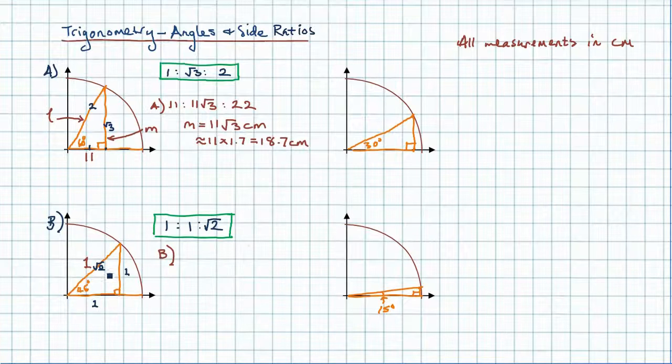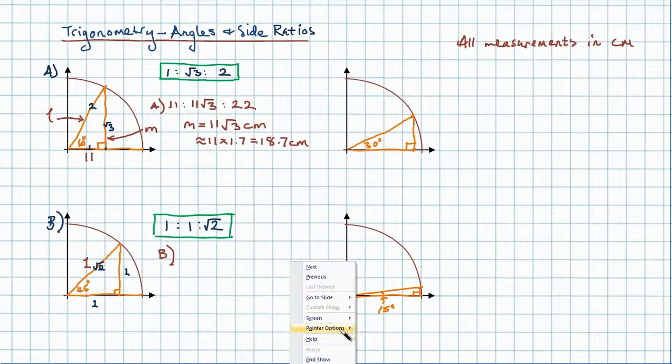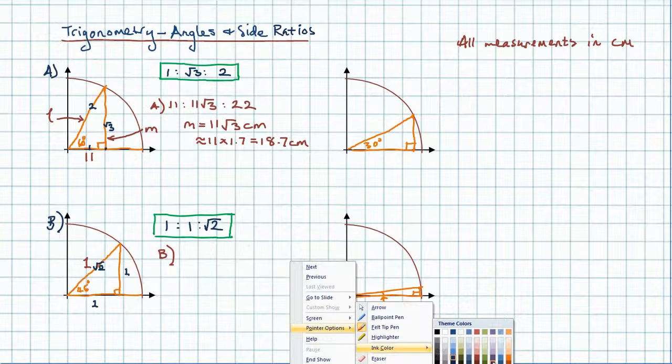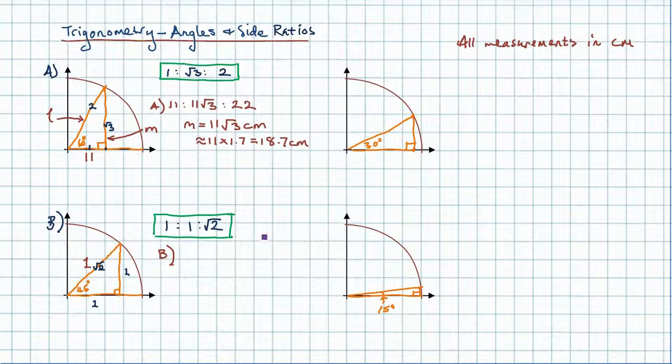Root 2 is about 1.4, remember. To make it smaller, it's had to be divided by root 2. And if you're not sure about that, because this can confuse people, we can say, well, to get to 1, what's happened to root 2 to get to 1?